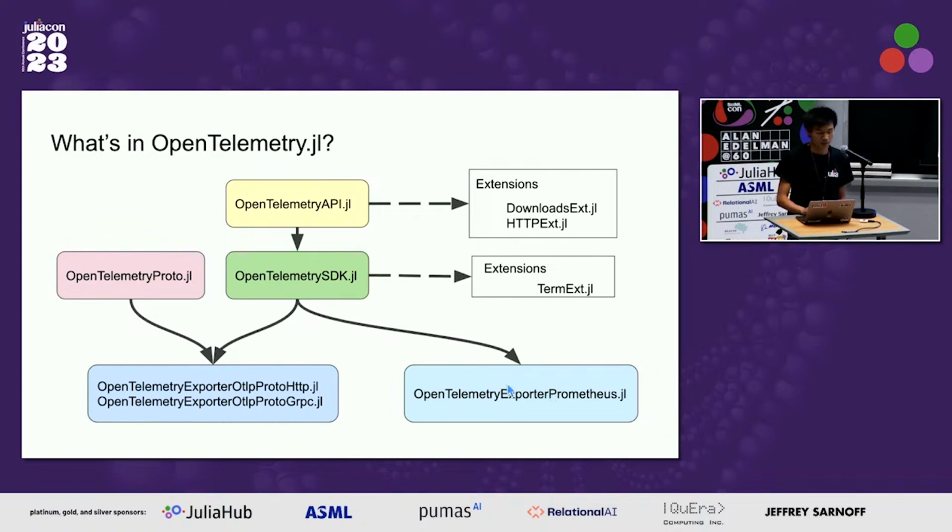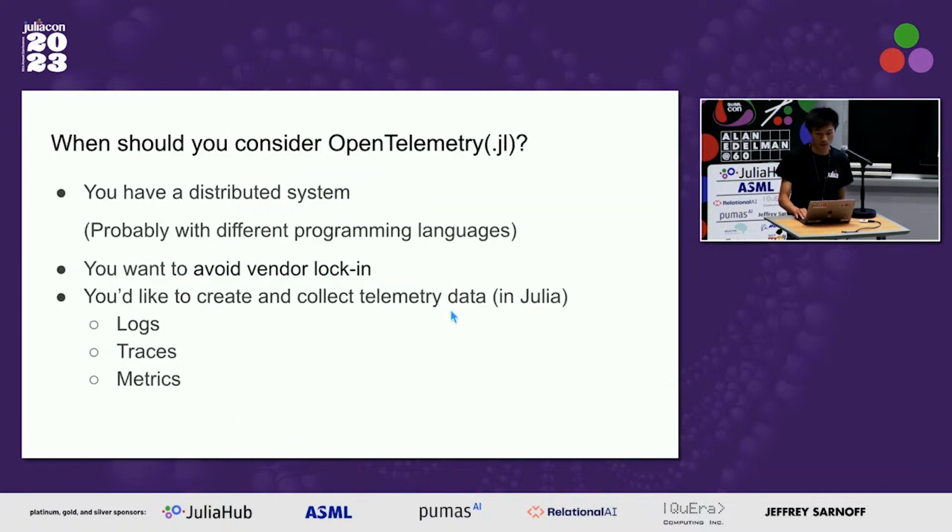Currently, this package implementation is pull-based, I guess, so that we open a port in our service, and you can use Prometheus to connect to this endpoint. But you also have other choices.